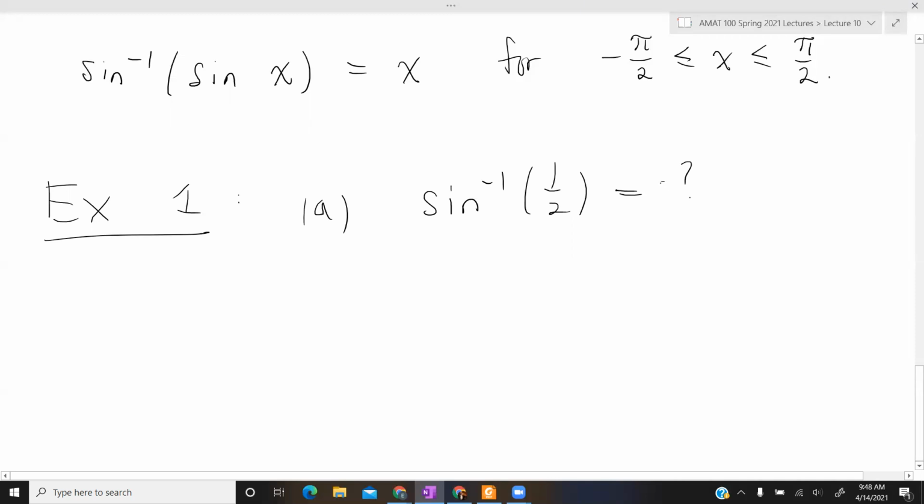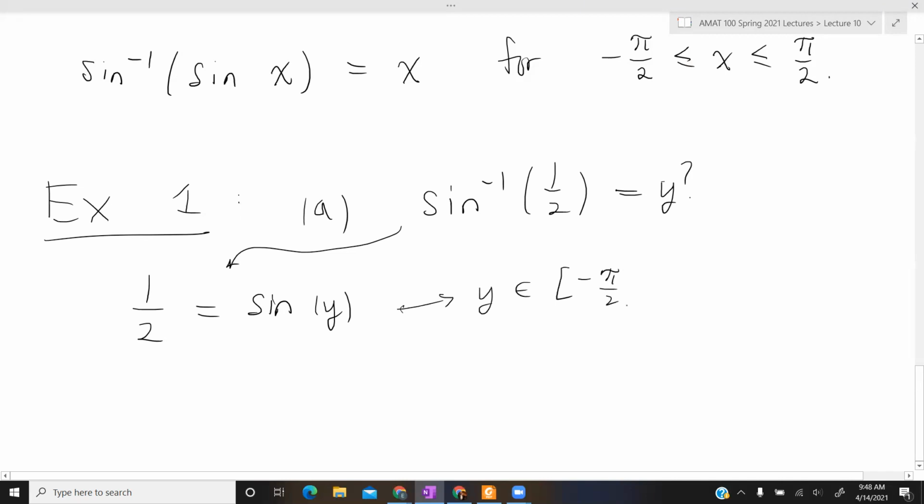What I like to do is call this y, and then apply sine to both sides. If I apply sine to both sides of the equation, the question changes a little bit. It becomes: what number between negative pi over 2 and pi over 2 gives me one half?